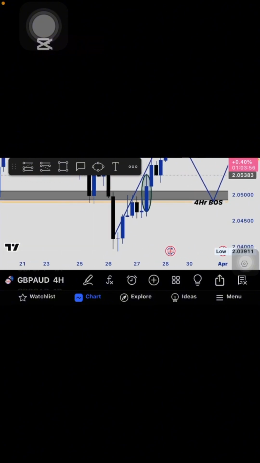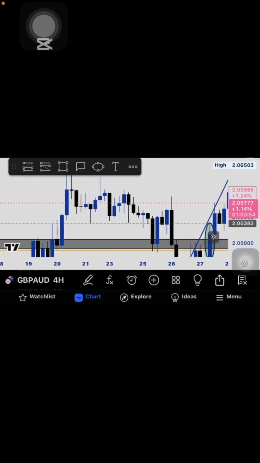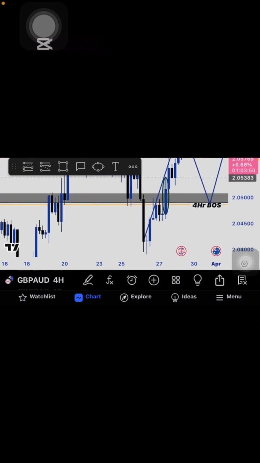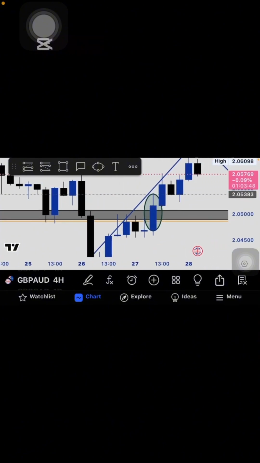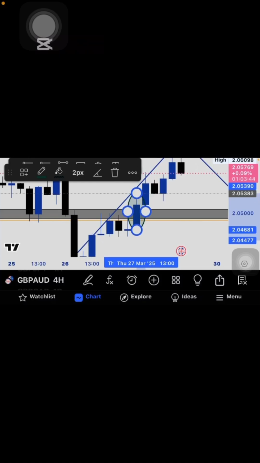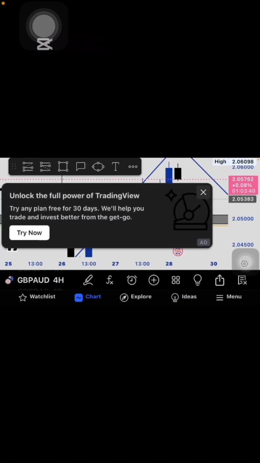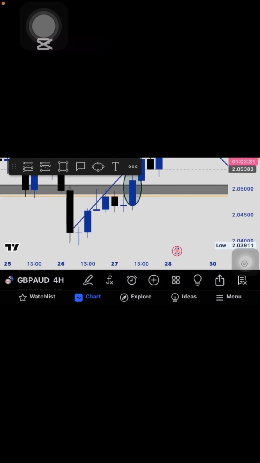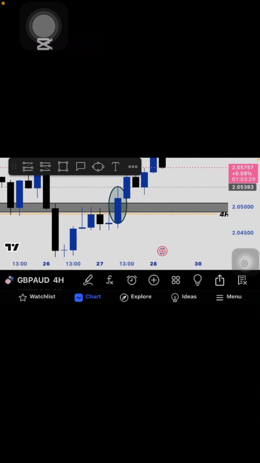I didn't enter the trade because we made some money from this previous move, these down ticks, which you can see. I don't want to give back the money to the market, so I kept the money and waited since I didn't enter. And I told you that if it closes above this 4-hour break of structure, all I'm going to do is go in for a buy.